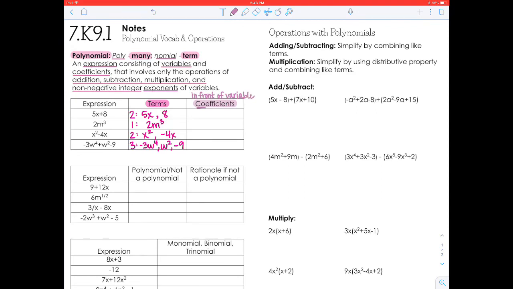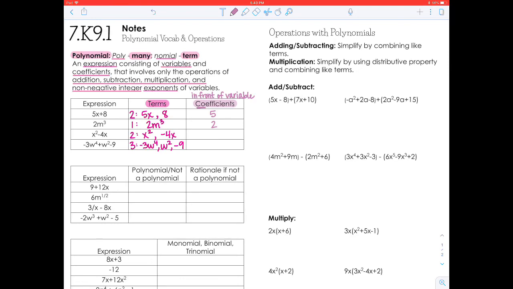Okay, so on 5x plus 8, the only term that has a variable in it is 5x. So the coefficient is the number in front of the x, so that is 5. On 2m cubed, the 2 is the coefficient. Basically, it tells you how many of the variable you're going to multiply by.